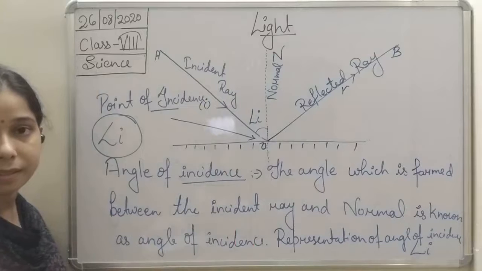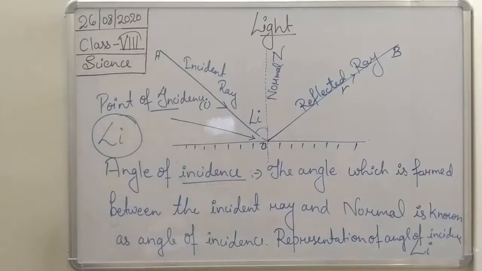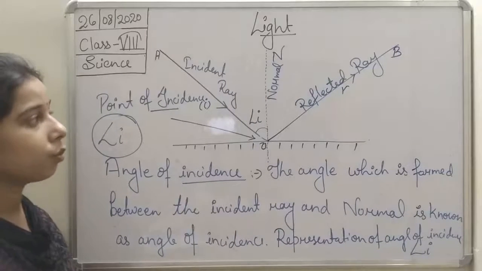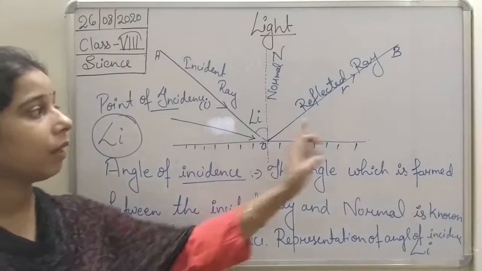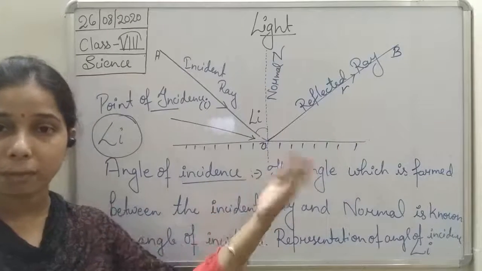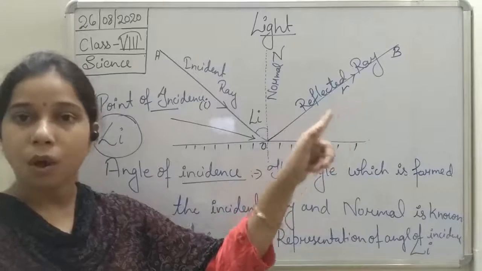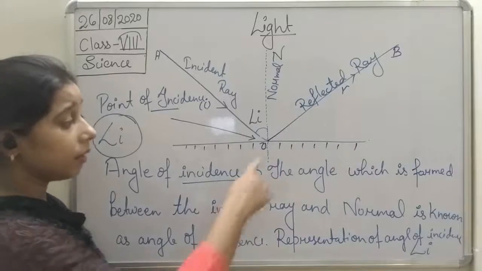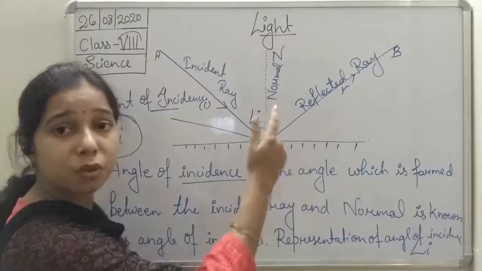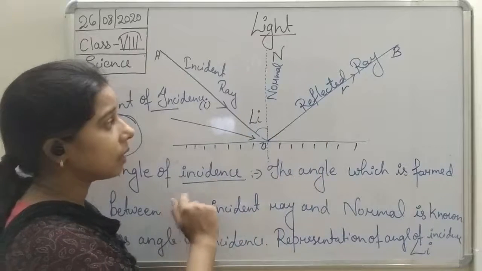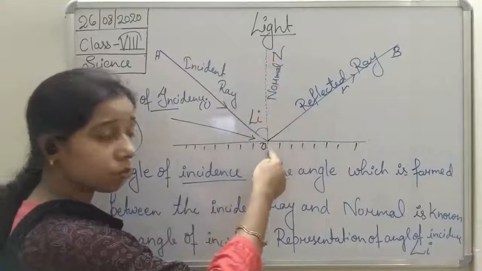Now we will move to another kind of angle, students. You see here one ray is bouncing back. This ray is the reflected ray. It gets reflected in the other direction. A normal ray is also coming here.